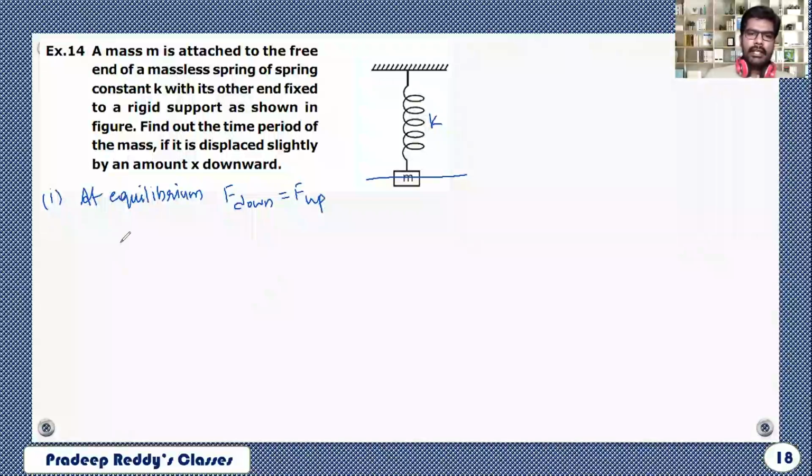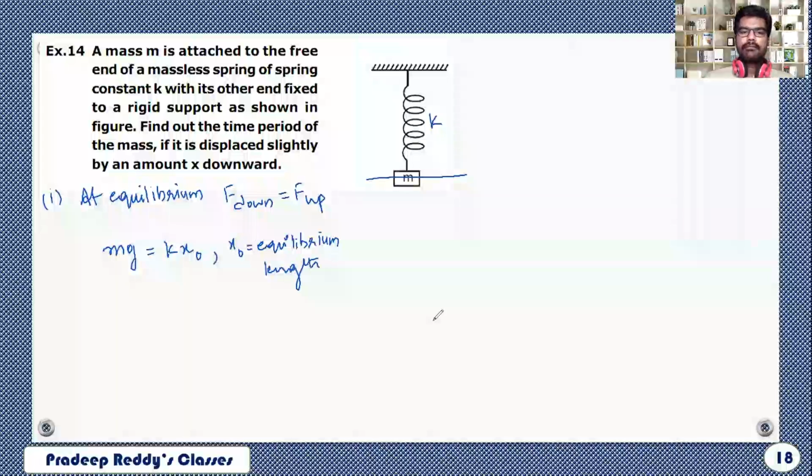The force acting downward is the gravitational force, mg, which is equal to the force acting upward, the spring force, because the spring pulls it upward, and that will be equal to k into x naught, where x naught is the equilibrium length. This is the first step.